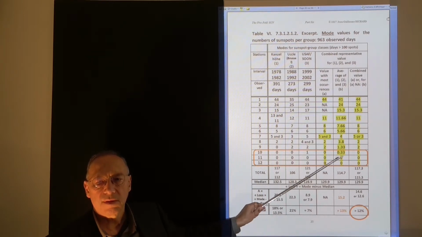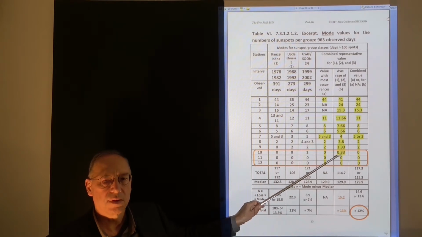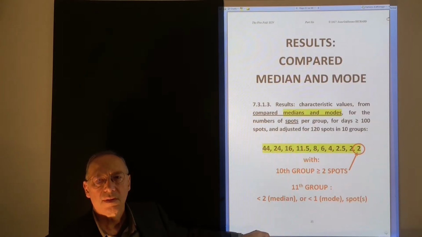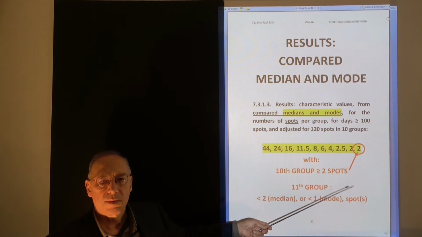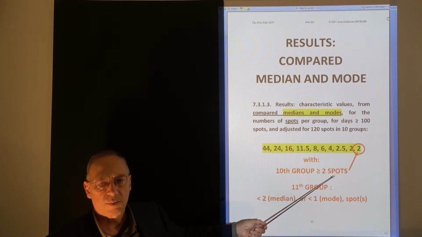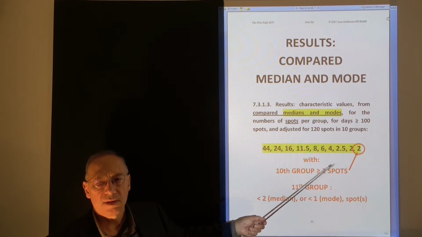So you see we have in the bottom of the distribution the groups number 10, 11 and 12, which have for their mode 0 sunspots. If we compare now the median and the mode, we will find that the 10th group probably characteristically has at least 2 spots.